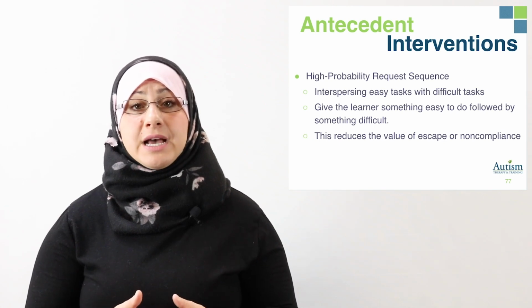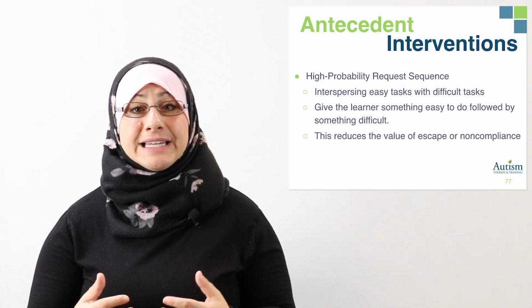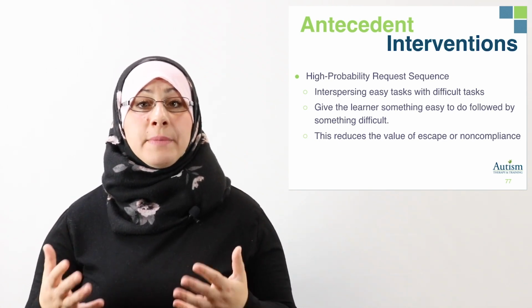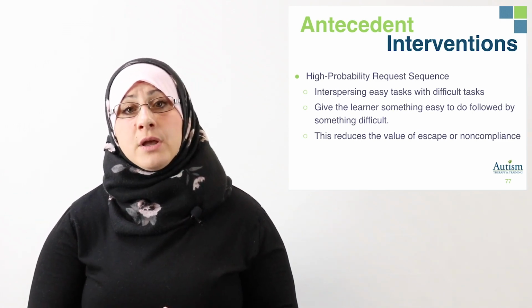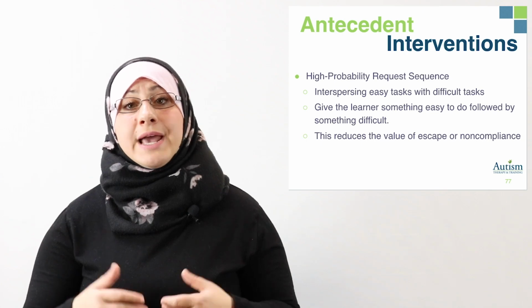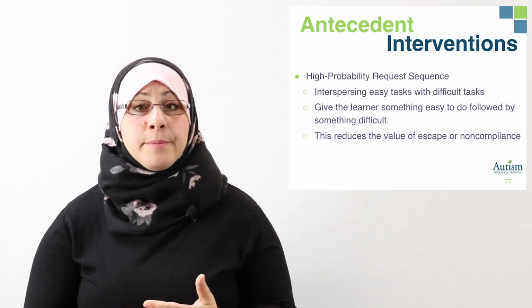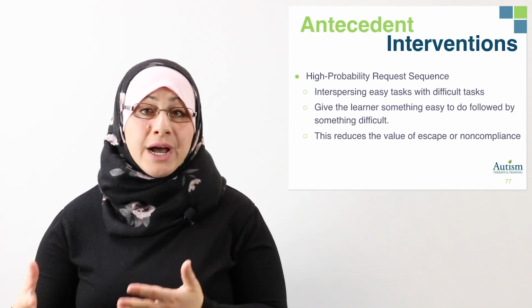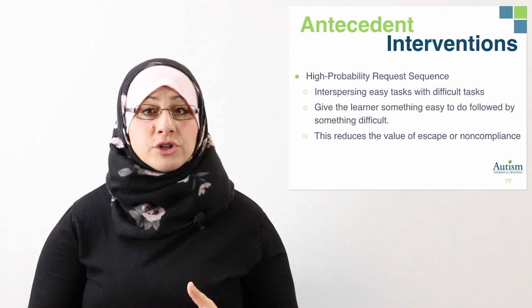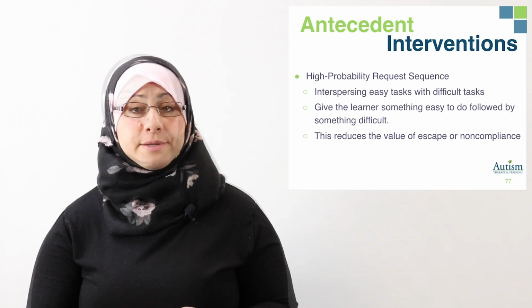Low probability tasks are ones that the learner may need your assistance with or may have a hard time doing, and you need to assist them with that one. For example, a learner may know and understand what cleanup means, but they don't want to clean up. That's different from not knowing how to clean up or understanding the instruction. So keep that in mind.